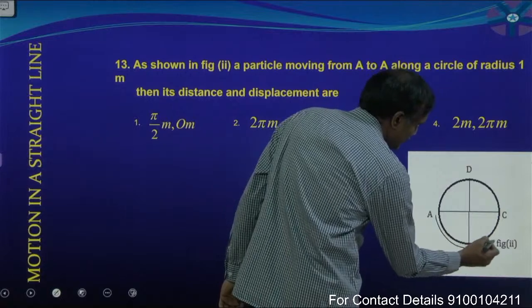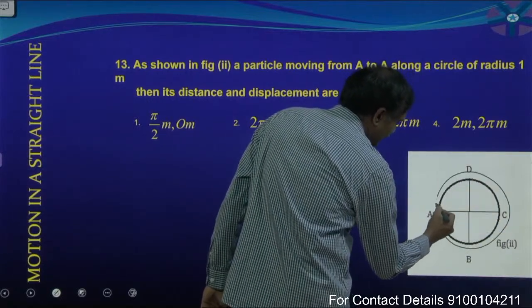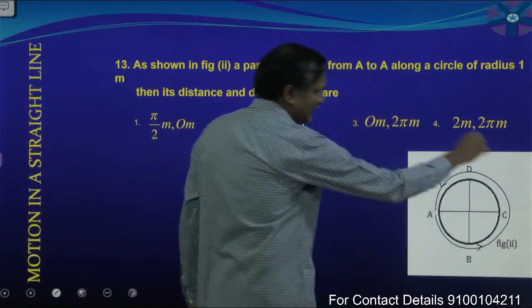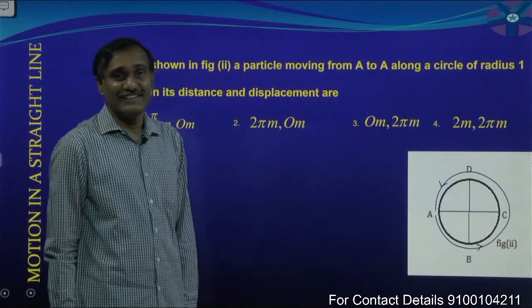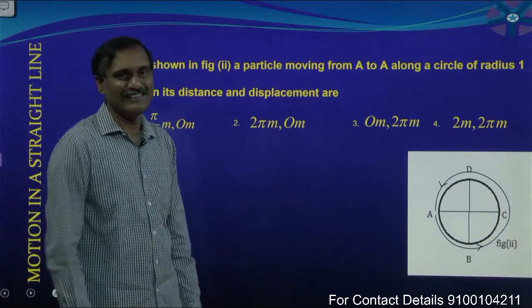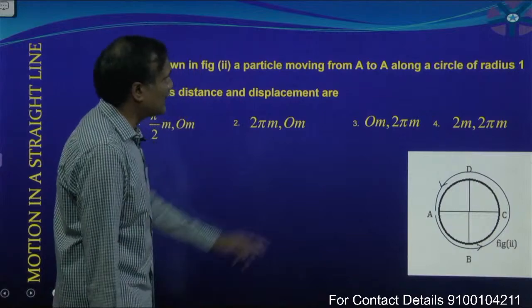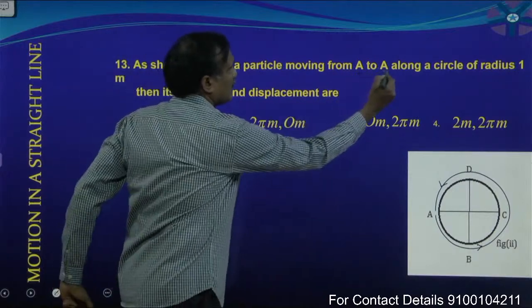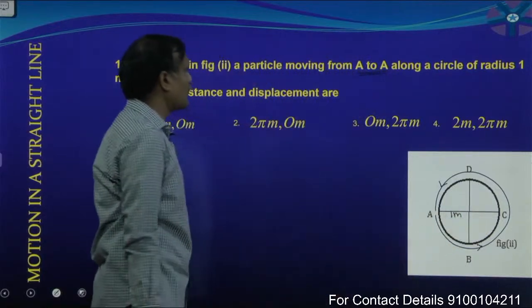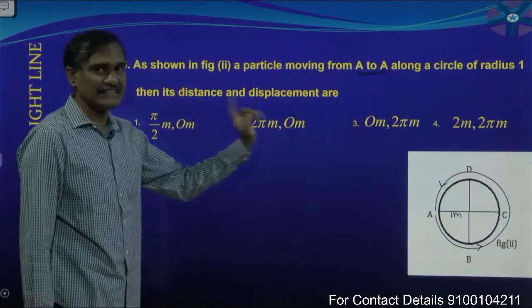Here the particle travels from A to A. That means it completes one revolution, A to A. What is the radius of that circle? 1 meter.